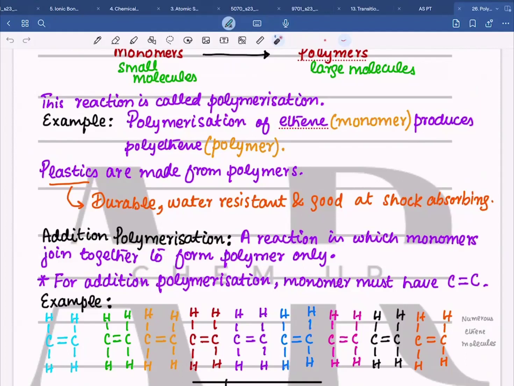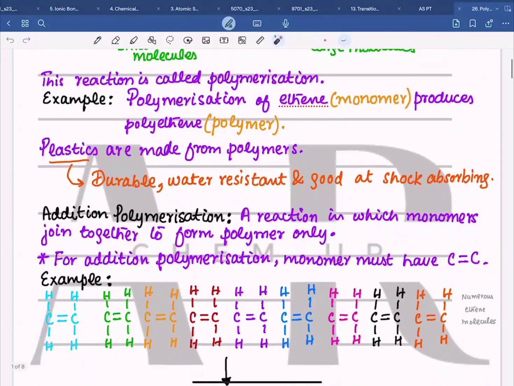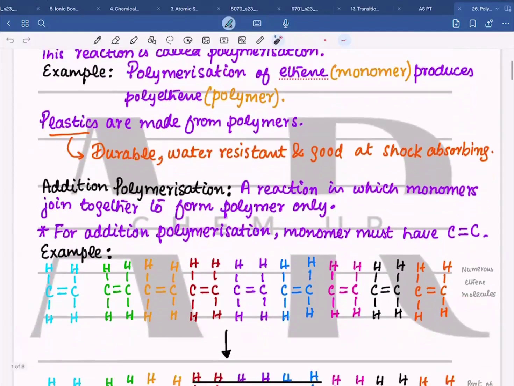Okay. Now, if you see, what is this? This is an ethene molecule, right? There are 1, 2, 3, 4, 5, 6, 7, 8, 9 ethene molecules. They are just 9 over here, but in actual fact, not just 9, thousands of ethene molecules like this arrange themselves in such a way.